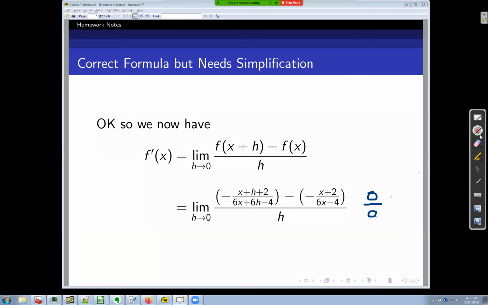So if you get 0 over 0, what that means is that there's simplification that you must be able to do in order to actually get a number for this limit. So the moral is that we have to simplify this numerator, and that's going to be a lot of work. But that's what you have to do. So let's roll up our sleeves and do it.